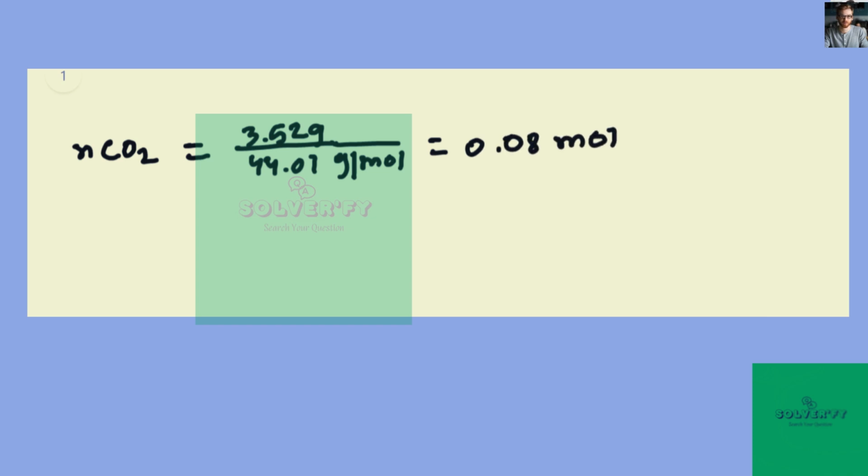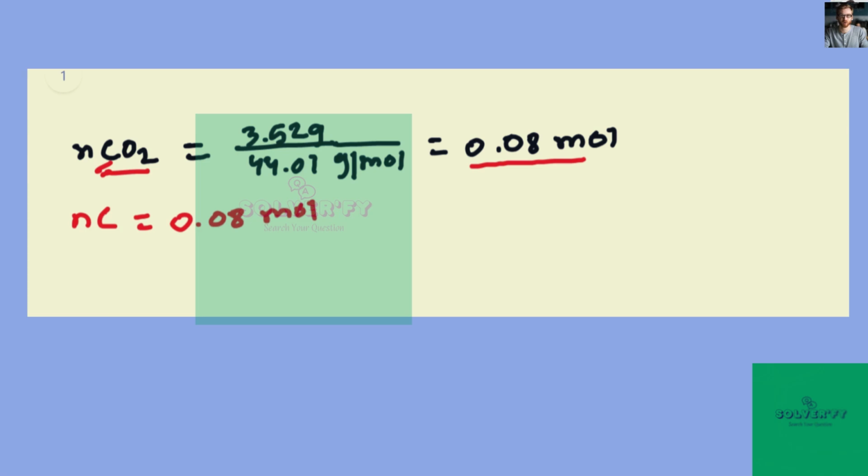0.08 mole. Now, since in one molecule of CO2 we have one atom of carbon, that means 1 mole of CO2 will have 1 mole of carbon, and 0.08 mole of CO2 will have 0.08 mole of carbon. That means the number of moles of carbon in CO2 will also be 0.08 mole.